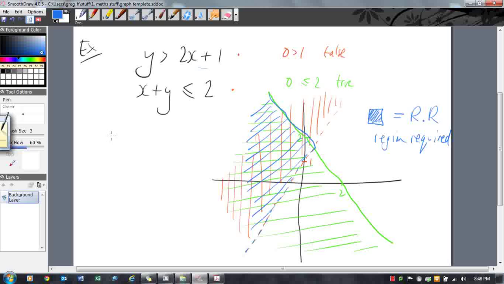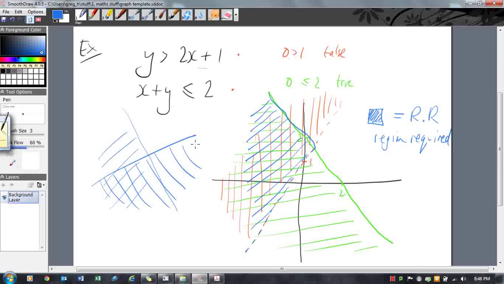And if you've done it in pencil, and you've got one region like that and another line going through perpendicular to it, you could do a little box wherever it's crisscrossed, and that's equal to the region required. That would be fine as well.